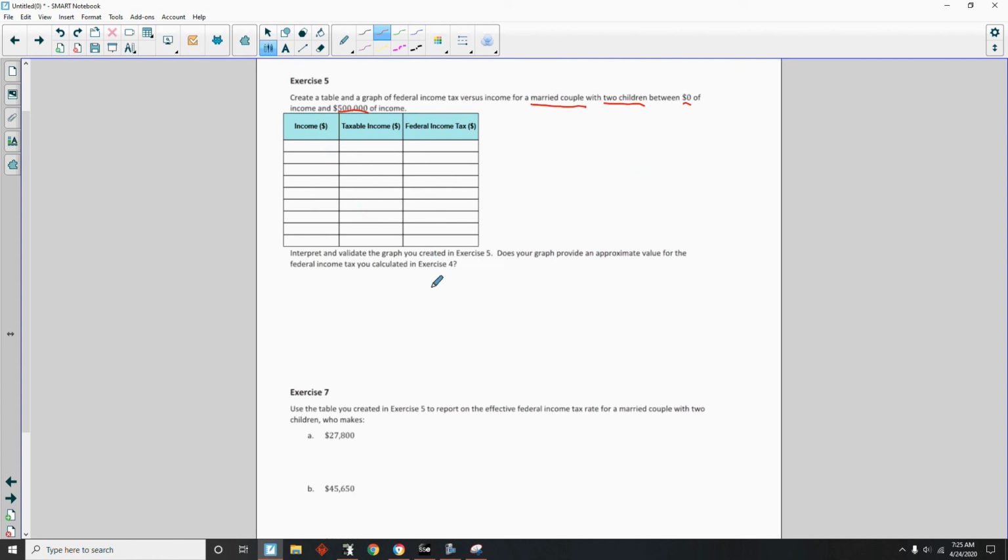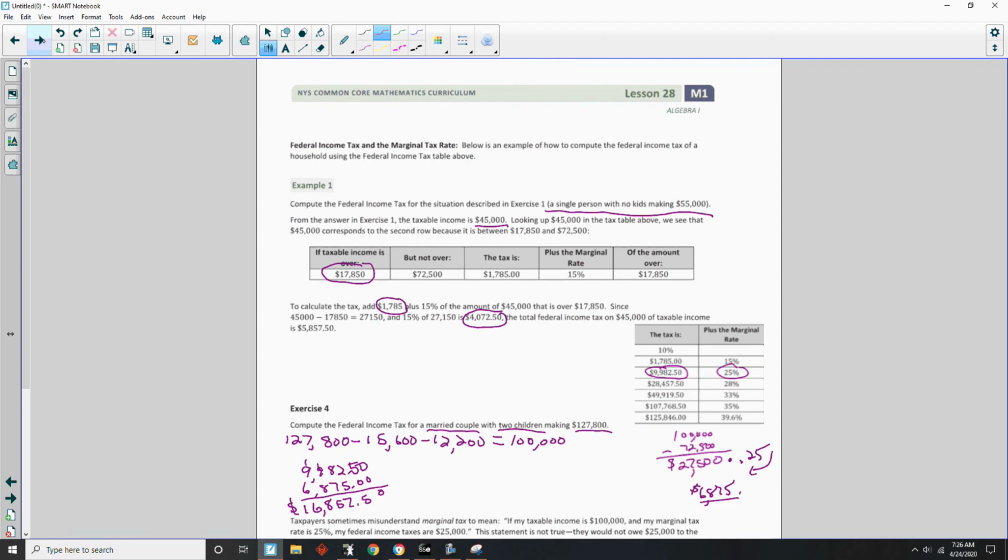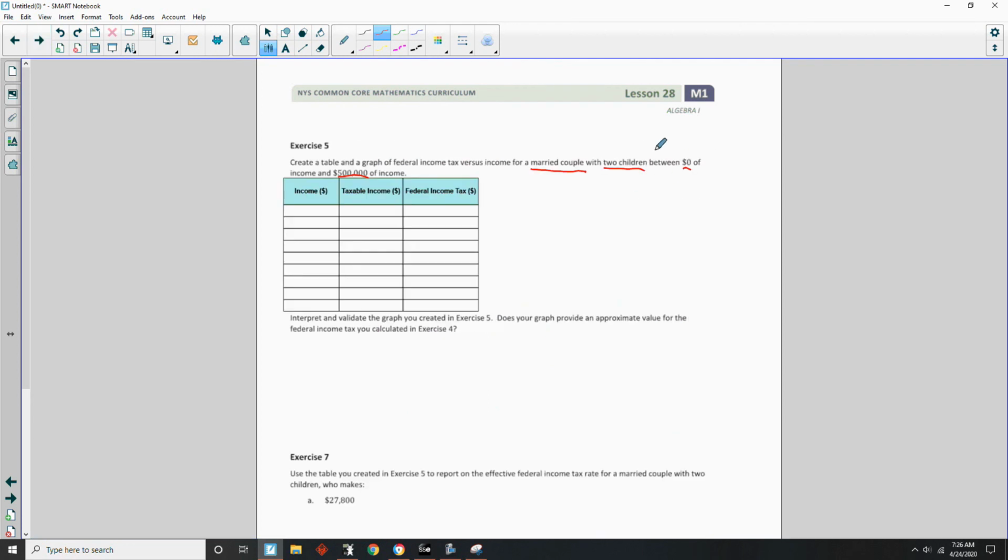So the first step in creating the graph is to determine the equation for taxable income. A married couple with 2 children has a standard deduction of, so we go back, married with 2 children, standard deduction of $12,200. So standard deduction, I'm going to write that here. Standard deduction, $12,200.